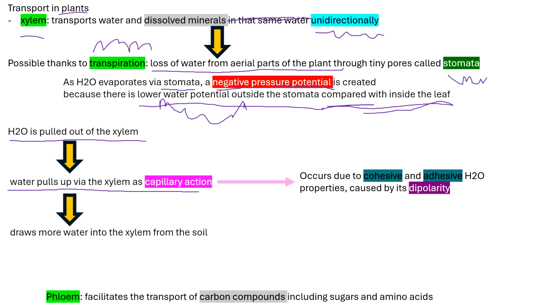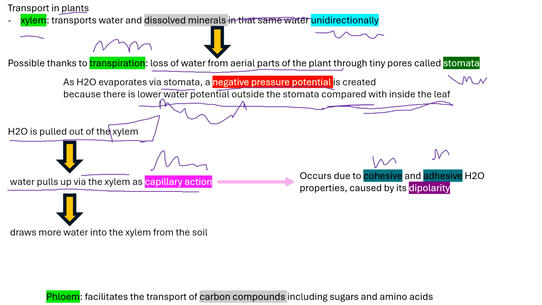So how do I explain this? It's pulled out of the xylem, and this causes water underneath to be pulled up through the xylem. And this is done through capillary action. Hope that makes sense. And this happens due to the cohesive and adhesive properties of water. Remember, this is A1.1, I have a video on that as well, but let's recap.